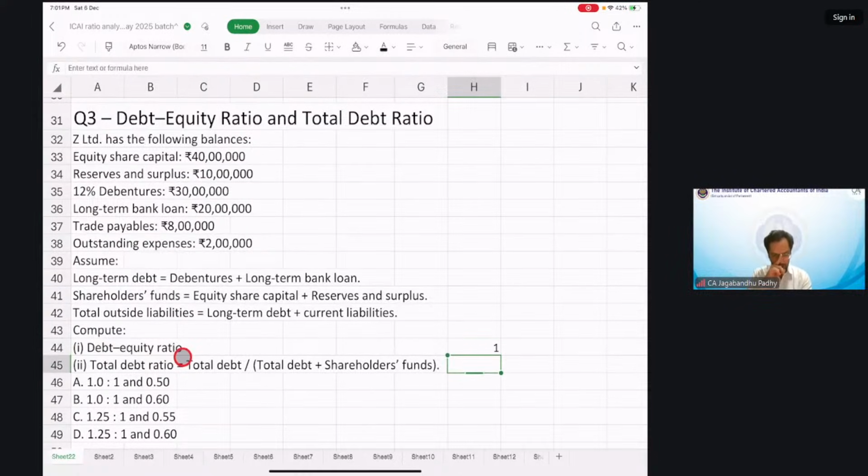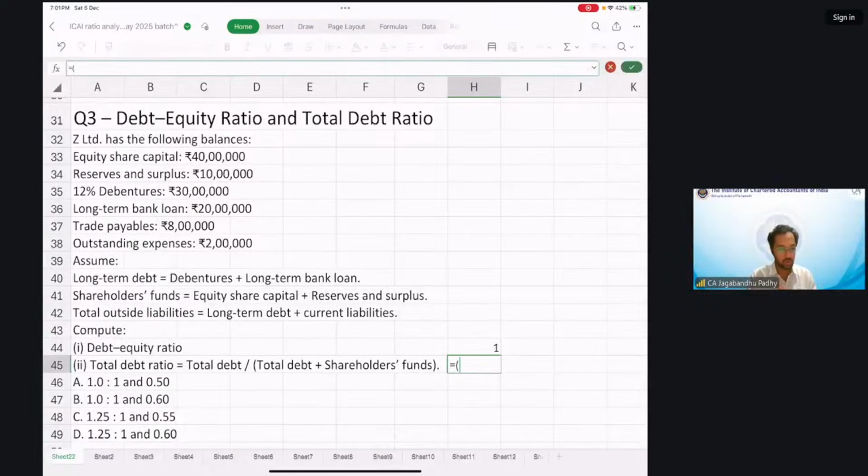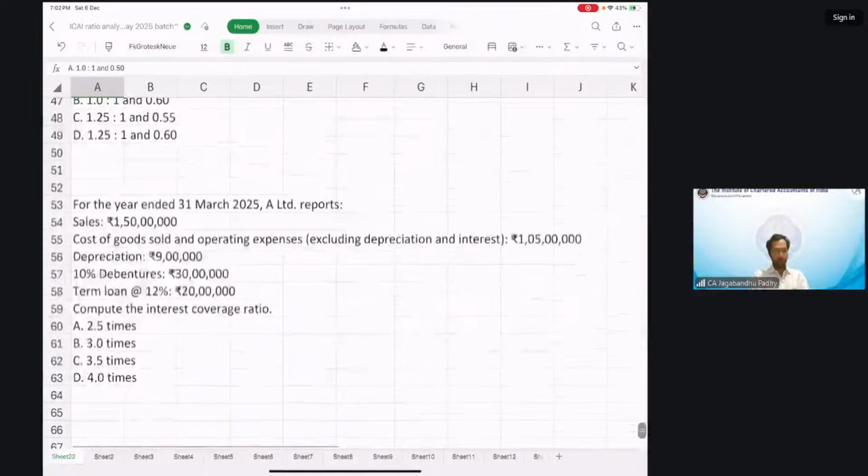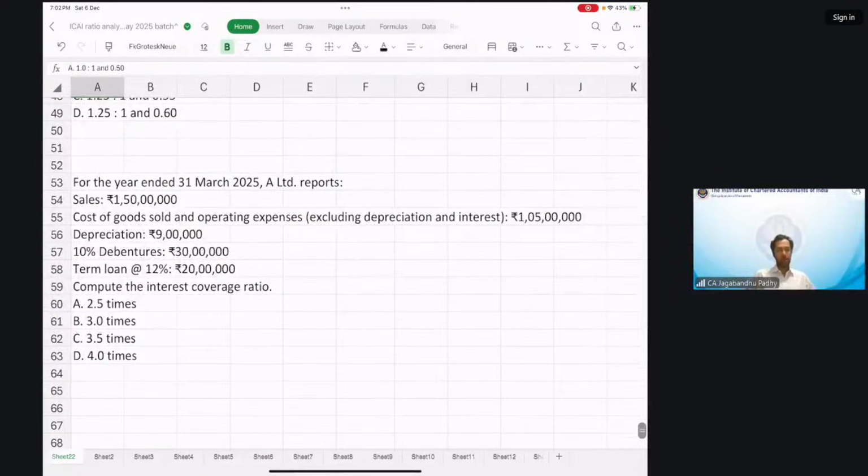And when it comes to total debt ratio, that's going to be total debt. So total debt is again 50 lakh, right, divided by 50 lakh plus 50 lakh, which is 0.5. So option A is correct. Okay. Then answer this question.